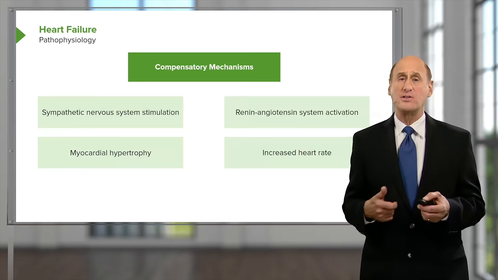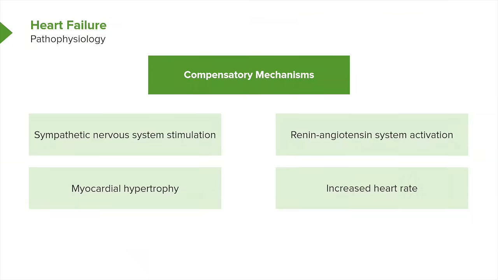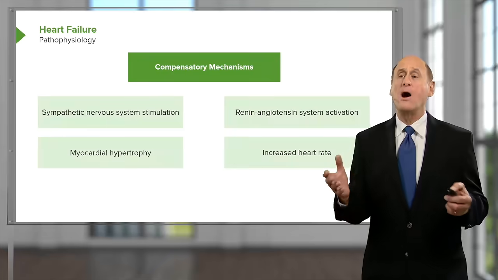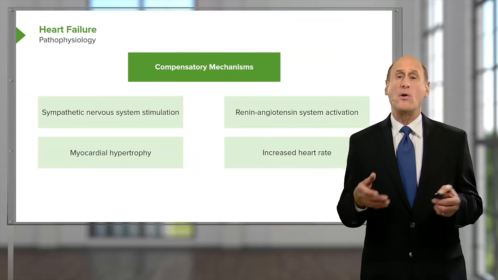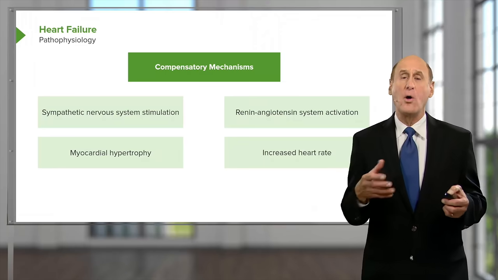Here are the compensatory mechanisms listed. First of all, they're initiated by the central nervous system. One of them is a signal that's sent to the kidneys and that the kidney actually does on its own. The kidney is the regulator of the blood pressure in the body. It sees a drop in blood pressure, a drop in cardiac output, and it releases compounds in something called the renin-angiotensin system, which holds on to salt and water.